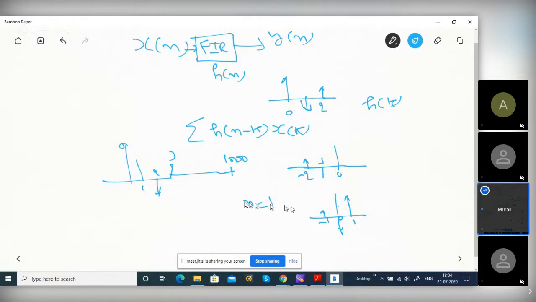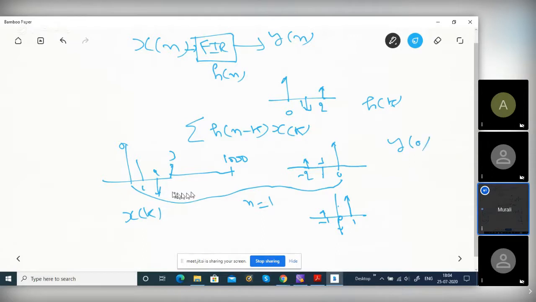You keep x of k, with k as the dummy variable, and flip h and then multiply. This and this will coincide for n equals 0. Only one sample will be there. You multiply term by term and you get y of 0.